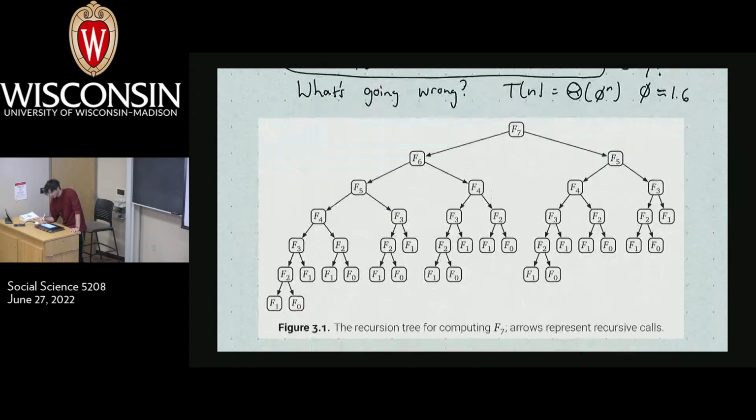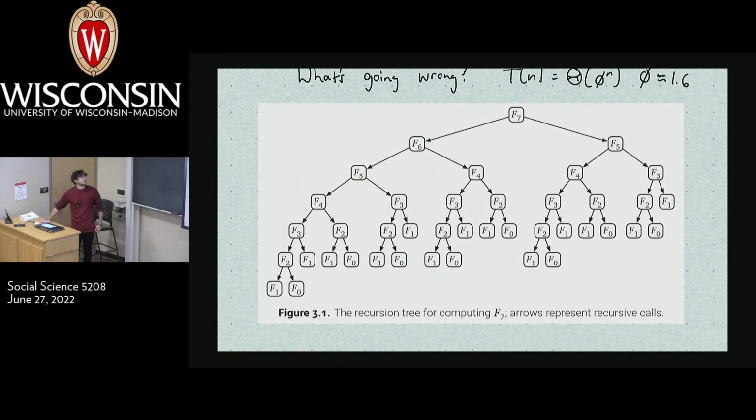So if we just looked at the recursion tree, it's a pretty big tree. What's happening? Well, if we compute f of 7, we compute that once, and f of 7 requires, say, f of 4. So eventually to compute f of 7, we first have to compute f of 4. And notice we compute f of 4 a bunch of times.